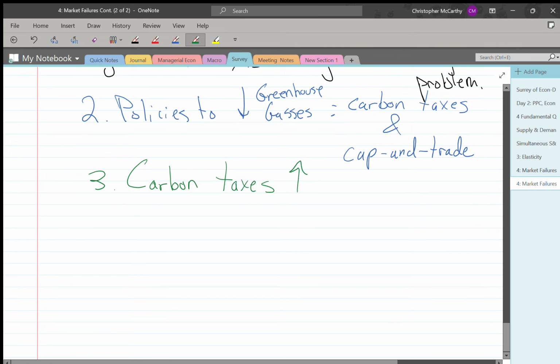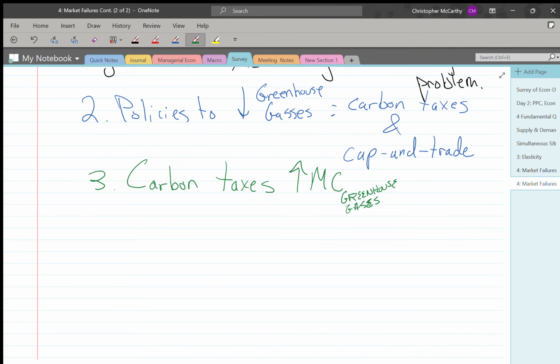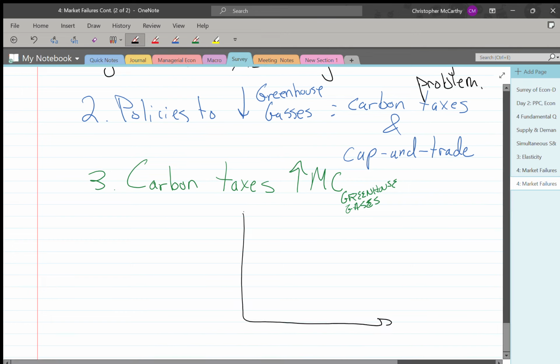the marginal cost of those greenhouse gases. As a result, whenever we increase the marginal cost, this is going to cause there to be a shift upward in the supply curve.